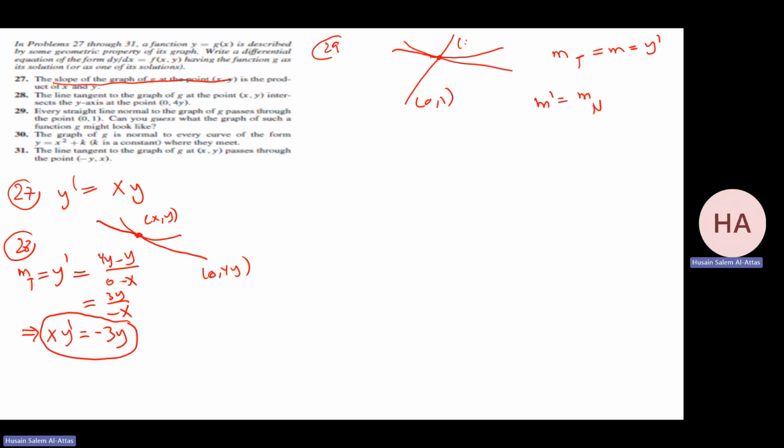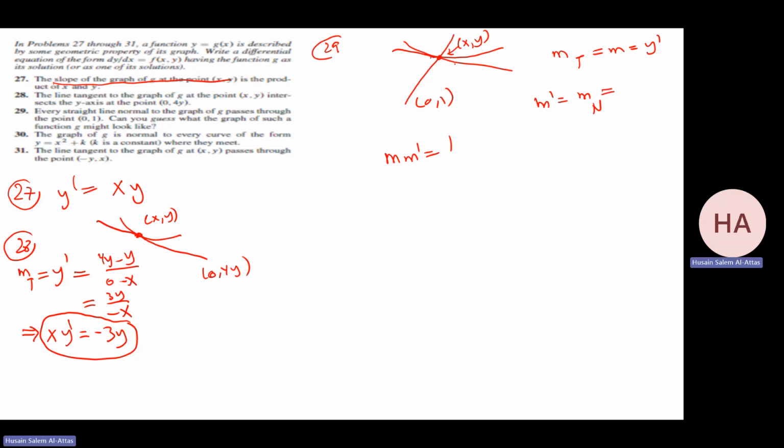So this is the point X and Y, huh? The slope of the normal. I know the relation, M times M prime, that will be equal to minus 1. And what is M prime?